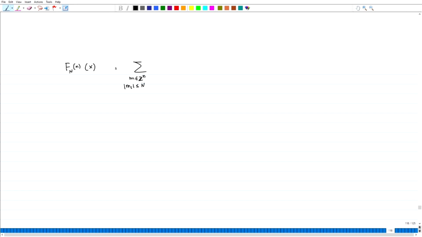We are taking the square Dirichlet kernel, and then this is (1 minus |m_1| by n plus 1), and then (1 minus |m_2| by n plus 1), and it goes on to (1 minus |m_n| by n plus 1) and e to the power 2 pi i m dot x.